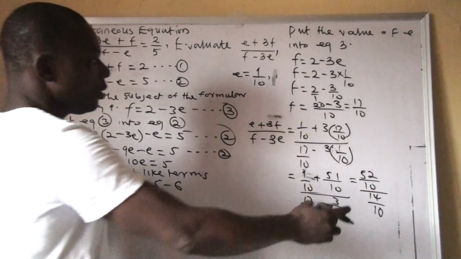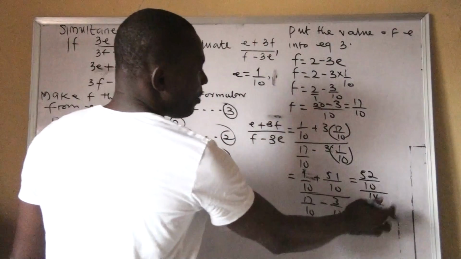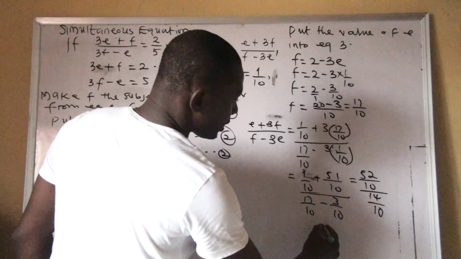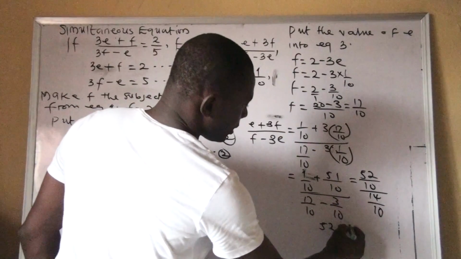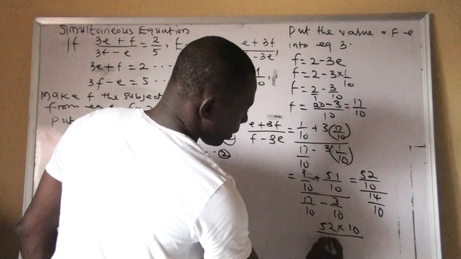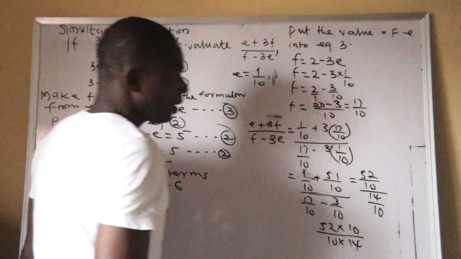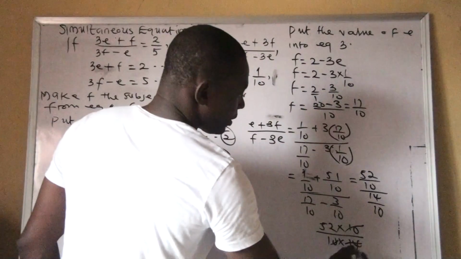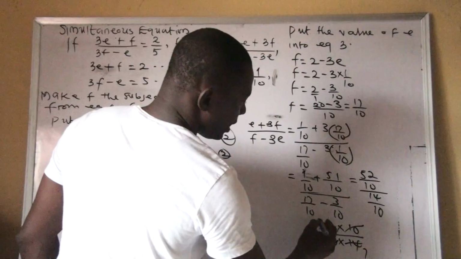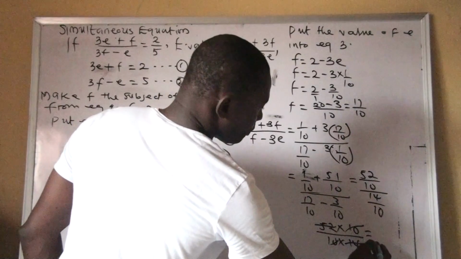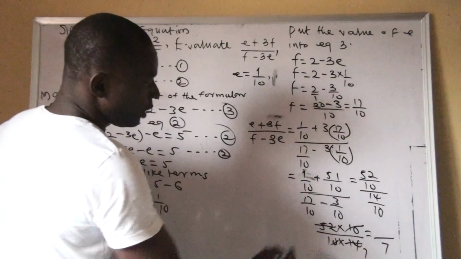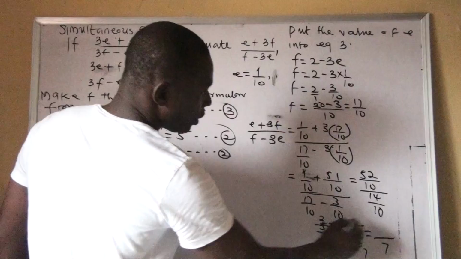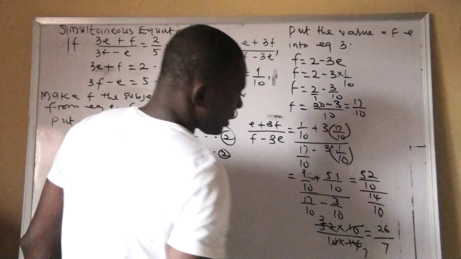The whole of this can also be written as 52 times 10 all over 10 times 14. 10 goes with 10. Here 2 into 14 is 7, and 2 into 52 is 26.